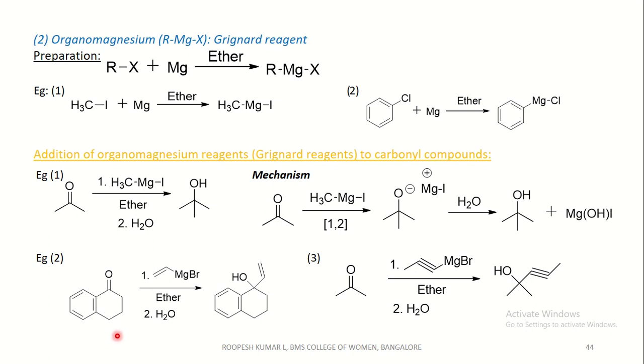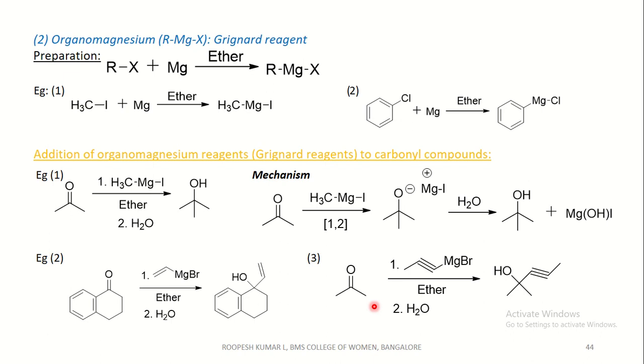Coming to the second example, which is the same as the first one, here this carbon possesses a negative charge and the metal possesses a positive charge. Therefore, this carbon comes and attacks here with the formation of a negative charge, and with subsequent quenching with water, we get this compound.